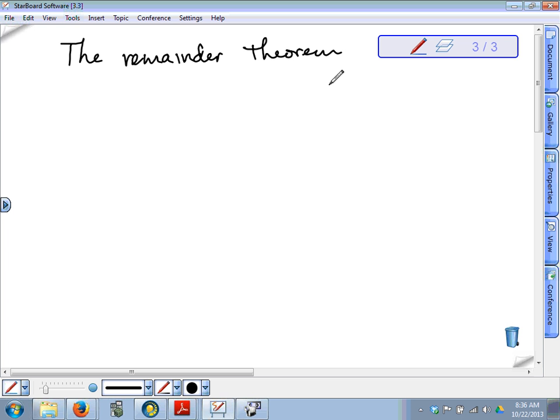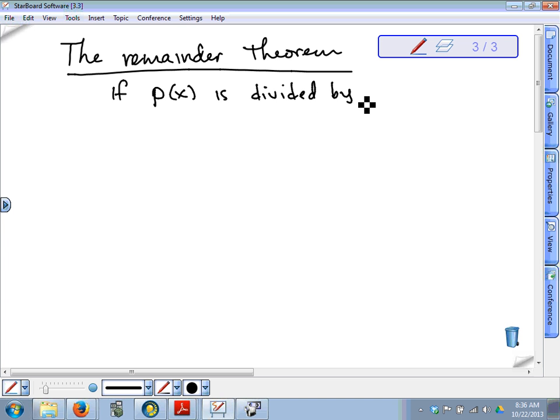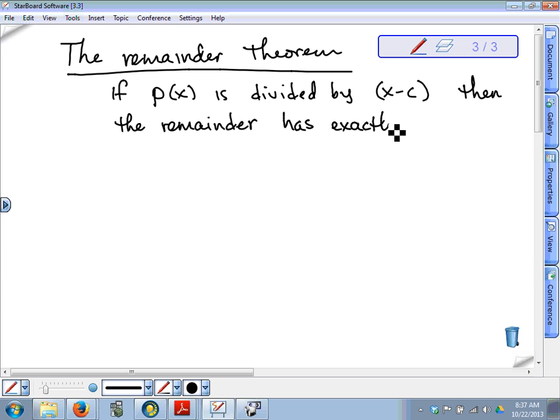Remainder Theorem. If P of x is divided by x minus c, then the remainder has exactly the same value as P of c.